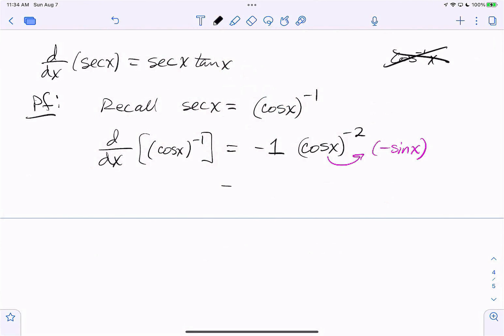Negative times negative is going to give me positive, and I have sine of x times 1 over the cosine squared of x. I'm going to take one factor of cosine and put it underneath the sine function, and that's where my tangent of x is going to come from. And I have one remaining factor of cosine of x in the denominator. That's going to be our secant of x. And there's the derivative formula for the secant function.